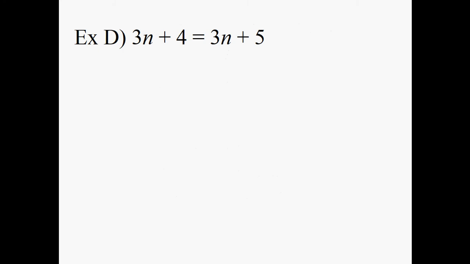All right, on example D, let's assume that it's already been simplified for us and we are at this statement here. So in other words, someone already did the boxes and circles combining like terms. So we now have this.